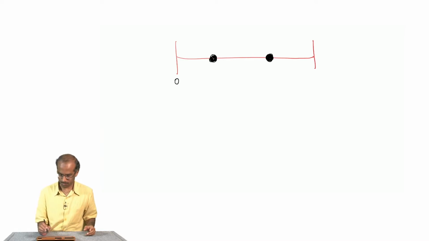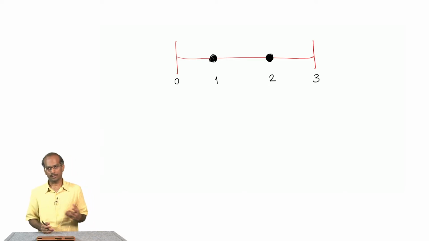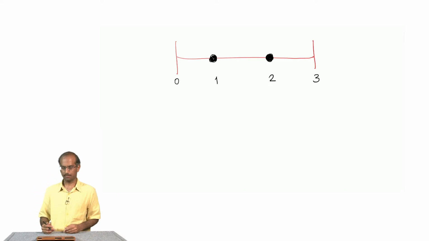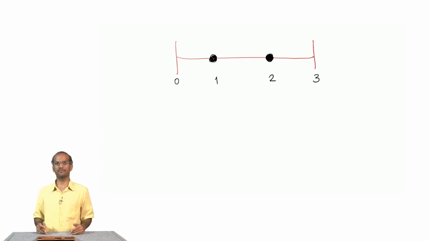So, this is the 0th position, n plus 1th position, or maybe I should say 3rd position, and this is 1 and 2. We solved this problem already in one of our earlier modules. We know the results. Now that we have derived a more general case, we should check if we are still able to reproduce those known results from these general results.